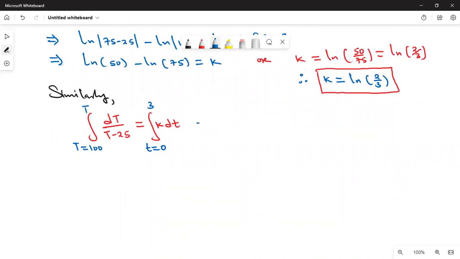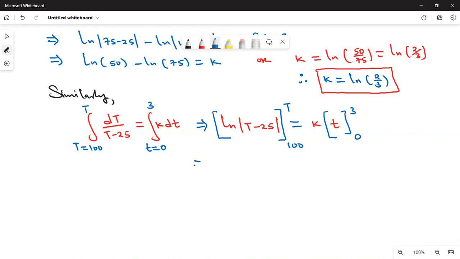So when you integrate this, we are going to get a natural log ln of T minus 25, from 100 to T, is equal to kt, and now the limit for time is from 0 to 3.